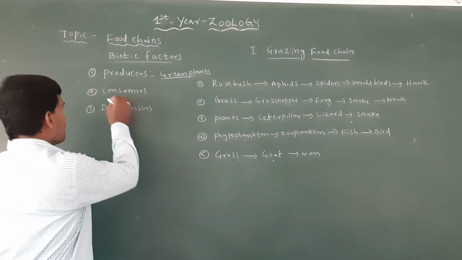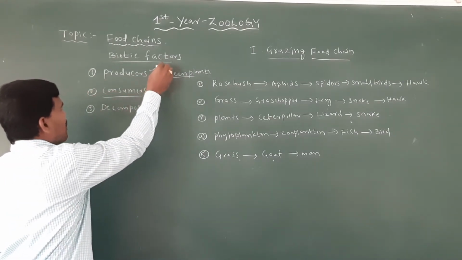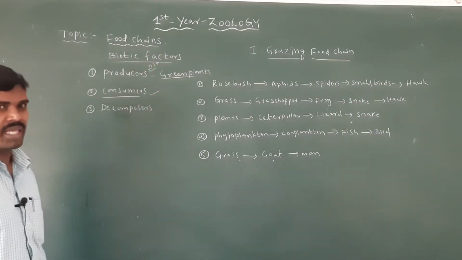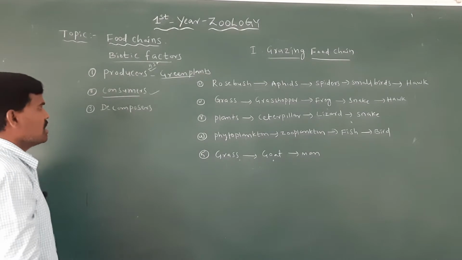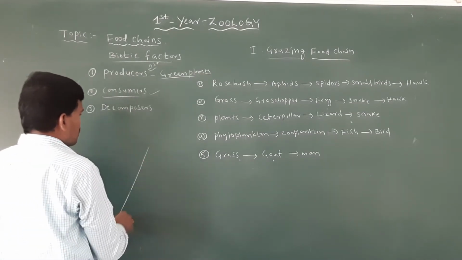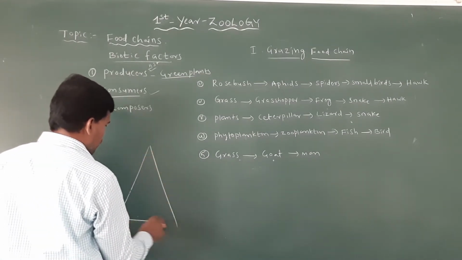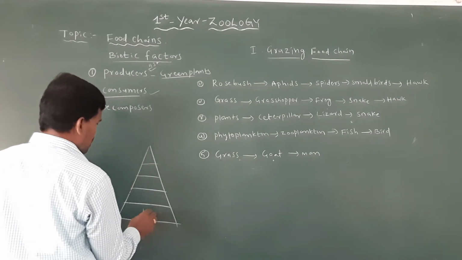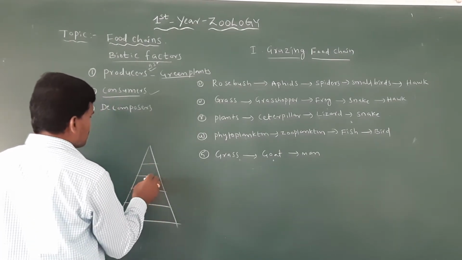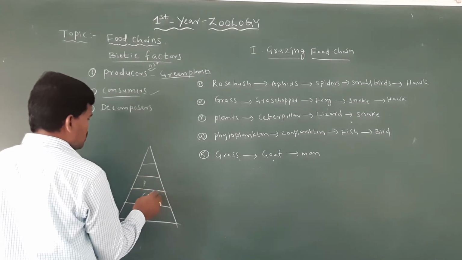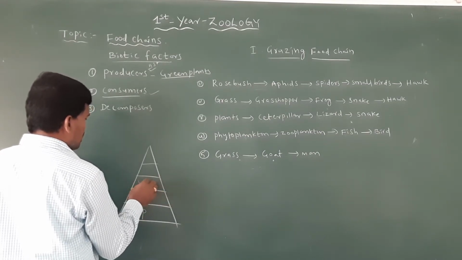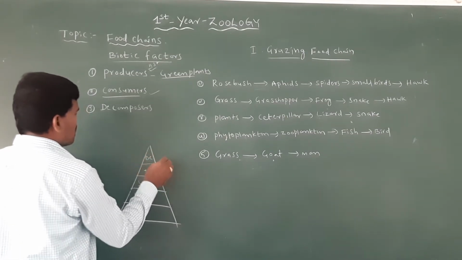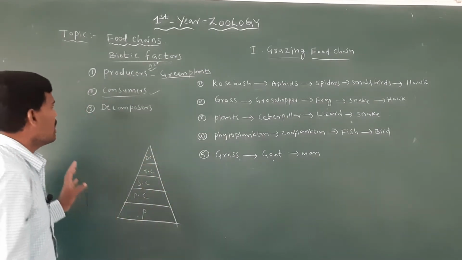Next, consumers. The first trophic level is occupied by the producers. In the food chain there is the first trophic level, second trophic level, third trophic level. We have producers, then primary consumers, secondary consumers, tertiary consumers and decomposers, so five trophic levels.